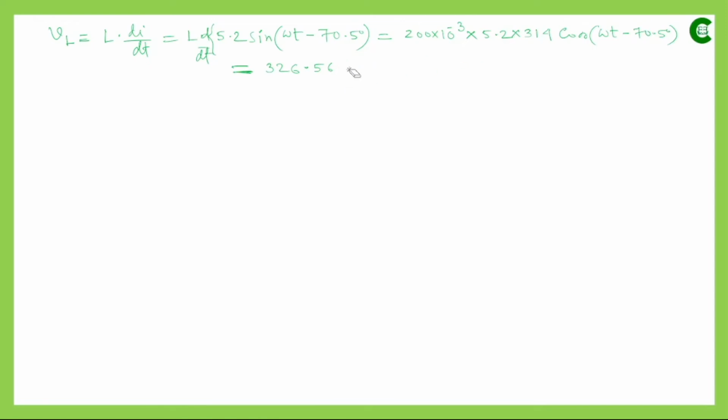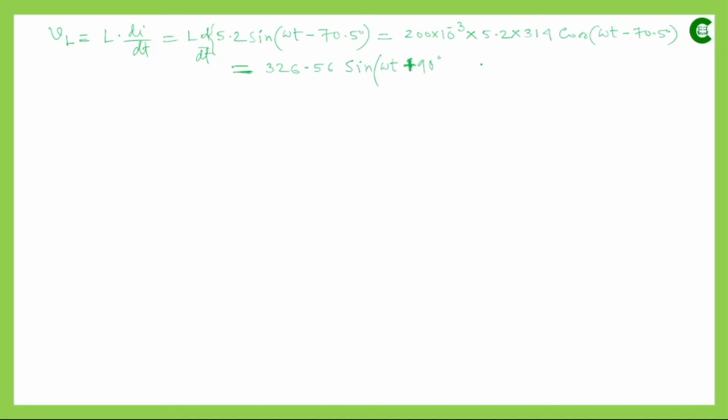Now if we want to represent cos omega t in terms of sine omega t, then again we can write that as sine omega t plus 90 degree. Previously we took current as a reference and calculated the value of VL, and this time we have taken voltage as reference, and with respect to that the expression of current that we have obtained expresses the current in terms of phase angle.